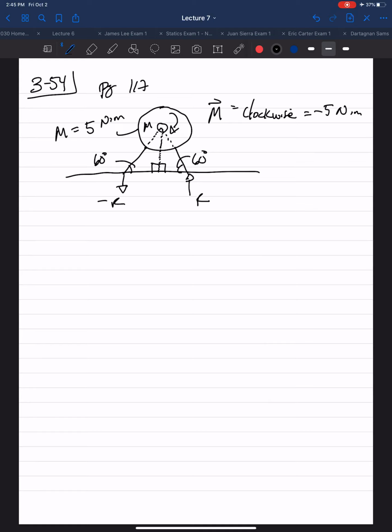They want the resultant of the given clockwise moment of 5 Newton meters and the couple moment caused by the reactive forces R to equal 0.